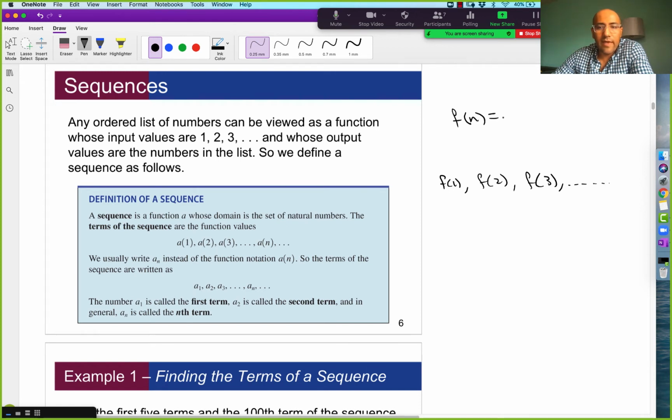of n equals n squared plus 1, then this is the formula that's describing my sequence. So now I can plug in a 1 for n equals 1, and I would end up with 1 squared plus 1 for the first one on my list, which is going to be equal to 2. And then 2 squared plus 1, which is going to be equal to 5.